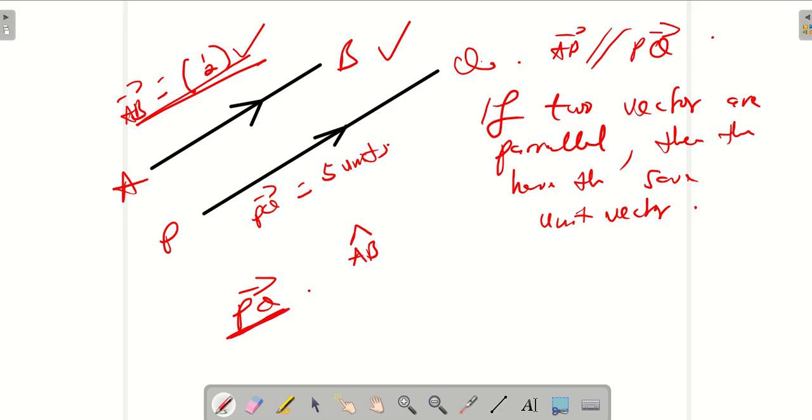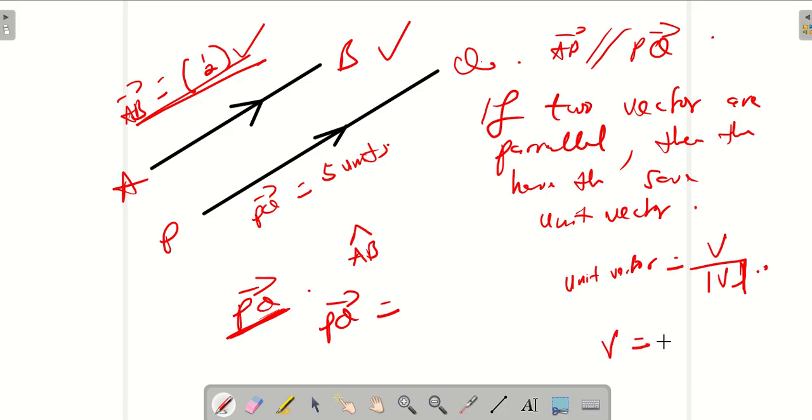But remember that we are finding the vector. So now we are going to use this formula that unit vector is equal to what? Vector over what? Magnitude. Is that right? This time, the question is rather asking us to find the vector. So the vector is going to be equal to what? The unit vector times what? The magnitude.